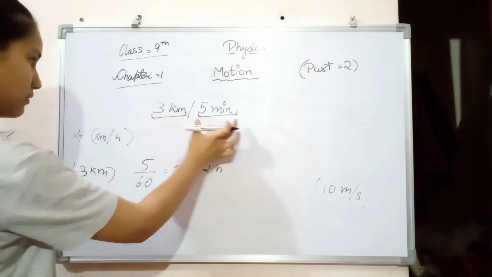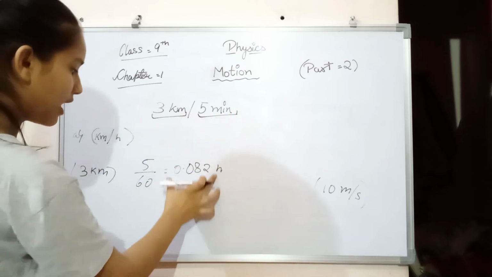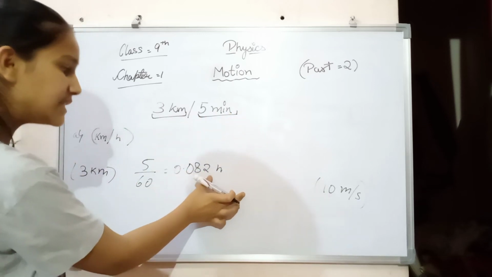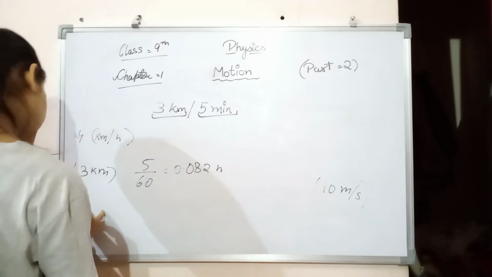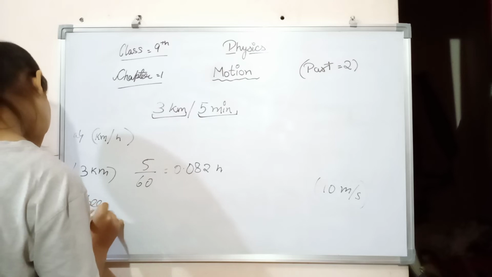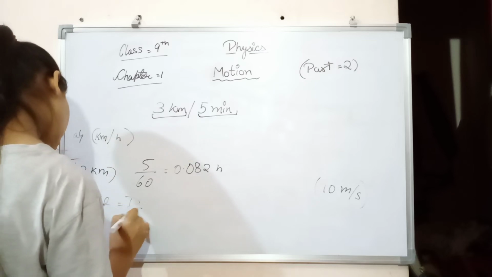So 5 minutes are 0.082 hours. So now we will calculate the speed. Distance upon time.